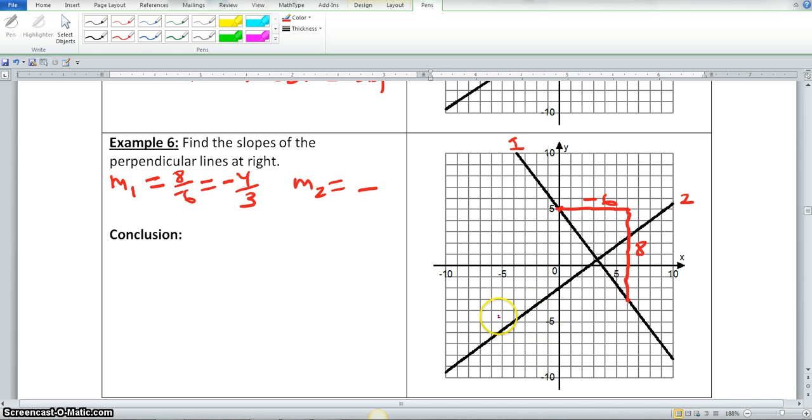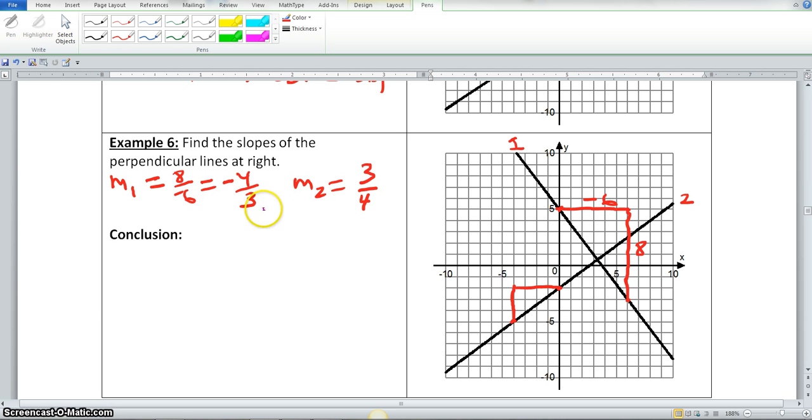So we need 2 exact points. We have 1 here, and we also have 1 here. So we would do our rise. We'll go 1, 2, 3. So our rise is 3, which we could write here, and our run is 1, 2, 3, 4.